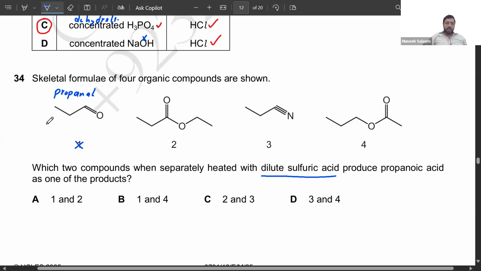We should have KMnO4 or K2Cr2O7 as the oxidizing agent to oxidize the propanol into the carboxylic acid. So that's why it is not the right option. Compound 2 is this ester compound. So dilute sulfuric acid goes with a hydrolysis reaction with the ester compound. This is an ester. So ester will go through hydrolysis.